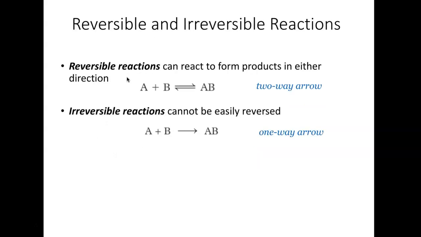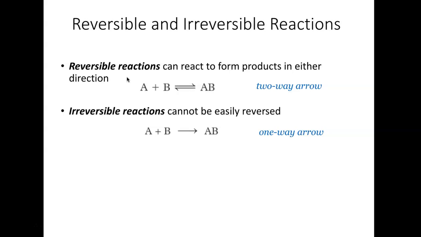So far, when we've talked about chemical reactions, we've drawn a one-way reaction arrow. That indicates that the reaction only goes in one direction and is irreversible. So, for example, combustion of gasoline in your car is an irreversible reaction. You can't get the gas back after you've burned it. You have to keep filling up.